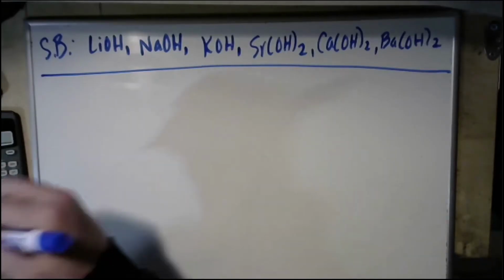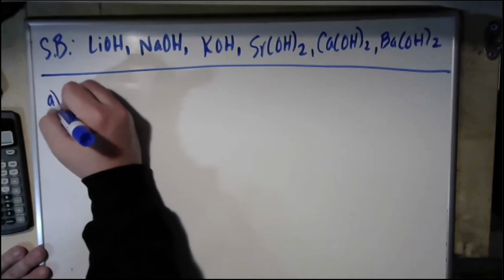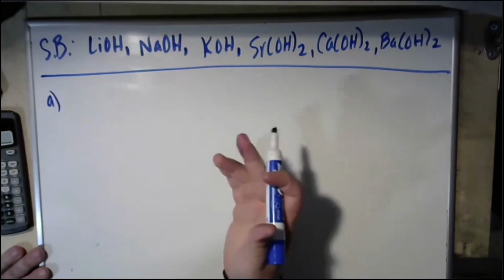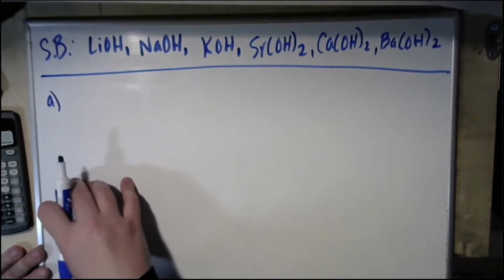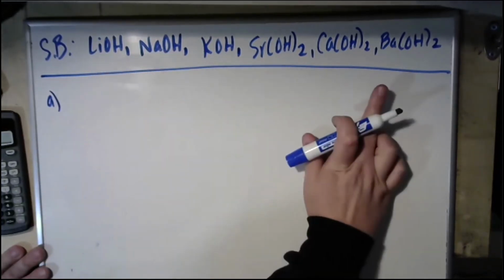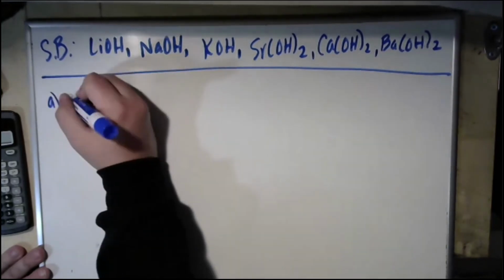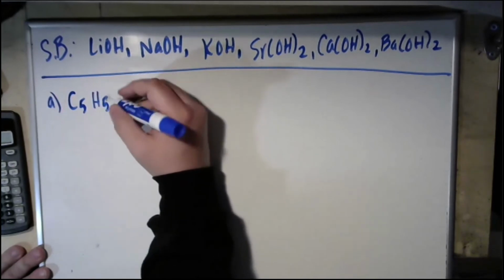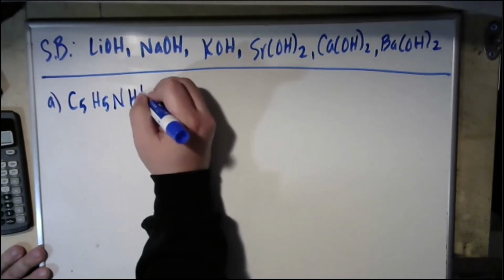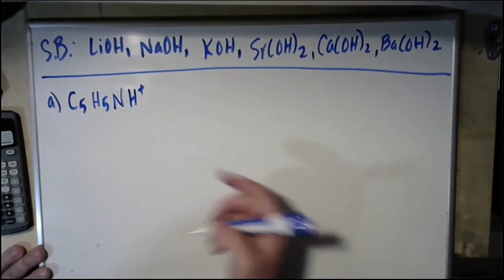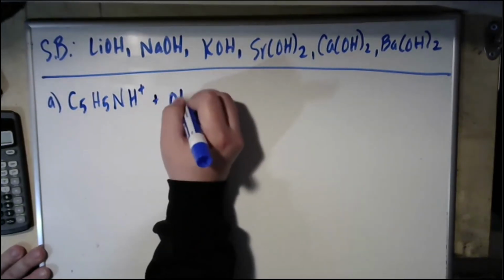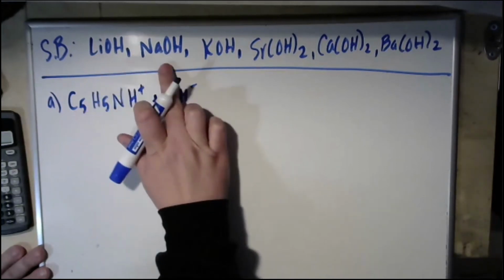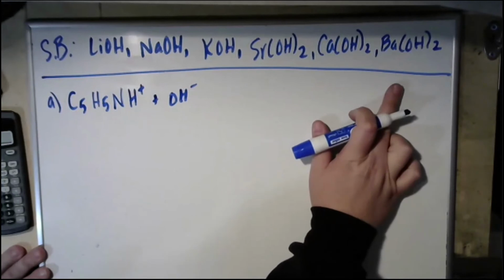So this is going to work similarly to the trend last time, except we're going to look and see whether adding hydroxide to the cation we're looking at gives us one of our strong bases back out. Okay, so C5H5NH plus. If I add hydroxide to this, am I going to form one of my 6 strong bases?